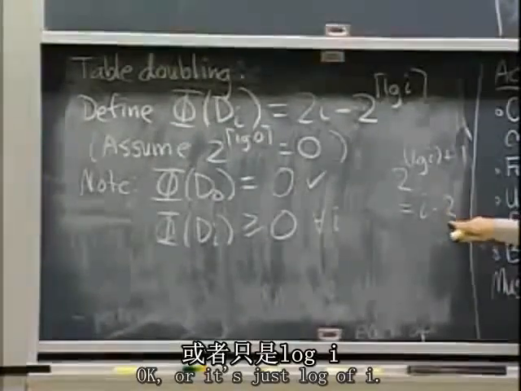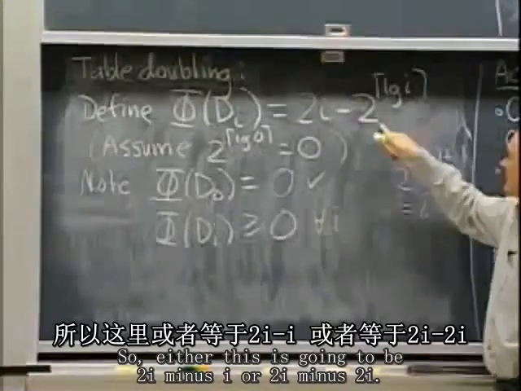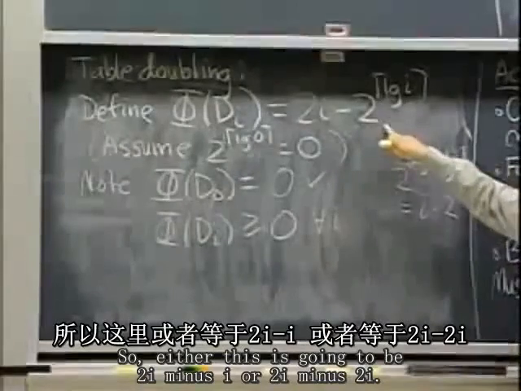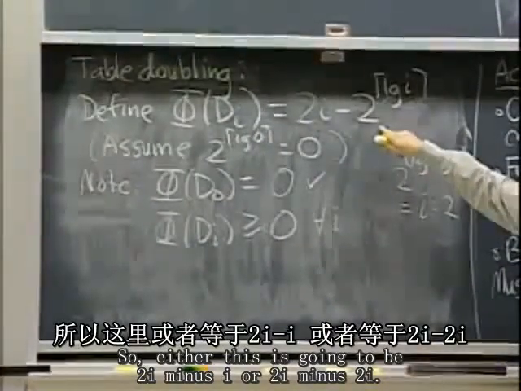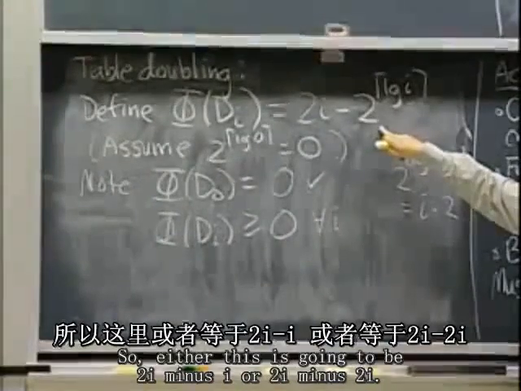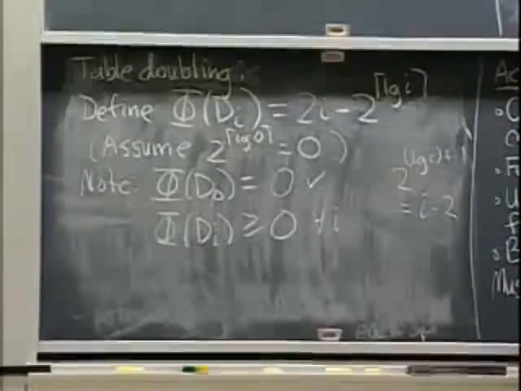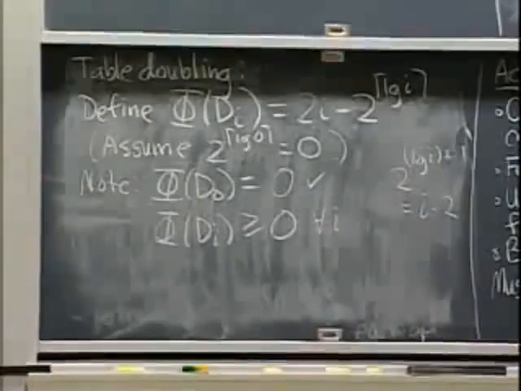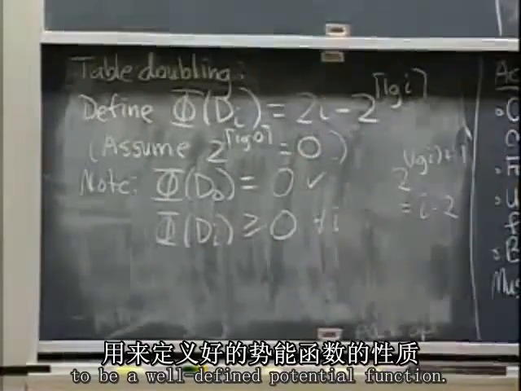Or it's just log of i. So either this is going to be 2i minus i or 2i minus 2i. In either case, it's bigger than or equal to 0. Okay? So those are the two properties I need for this to be a well-defined potential function.